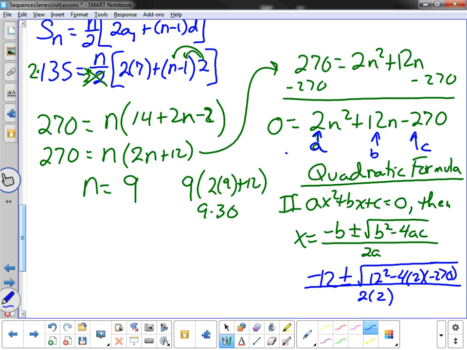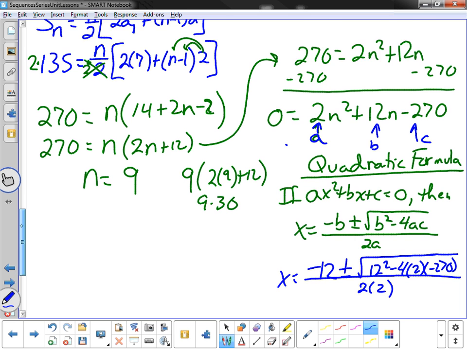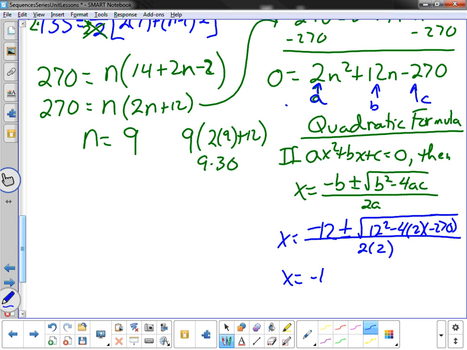And what's nice about that is I can just go ahead and use my calculator to figure things out. 12 squared minus 4 times 2 times the negative 270 is 2304. And the square root of 2304 is 48. So a negative 12 plus or minus 48 over 4.